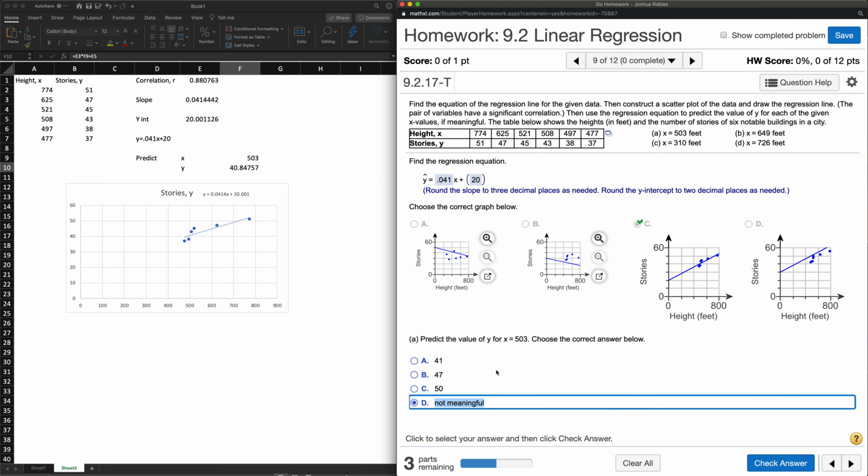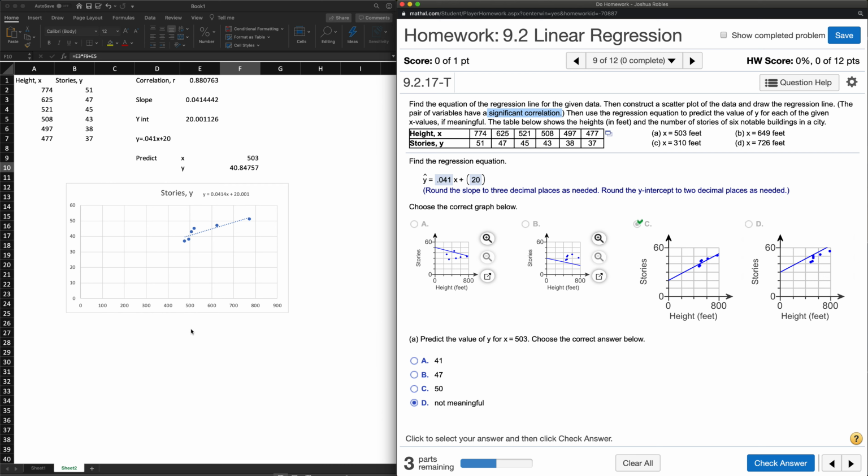There are two reasons that could be, but we've already checked the first one, or they have already told us the answer. There is a significant correlation here, so it is appropriate to find the regression equation. But the only thing we have to verify then is, is this an x value that I should be predicting?